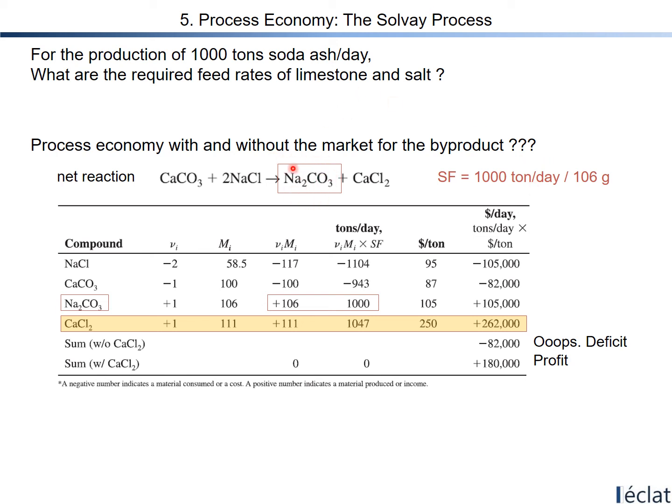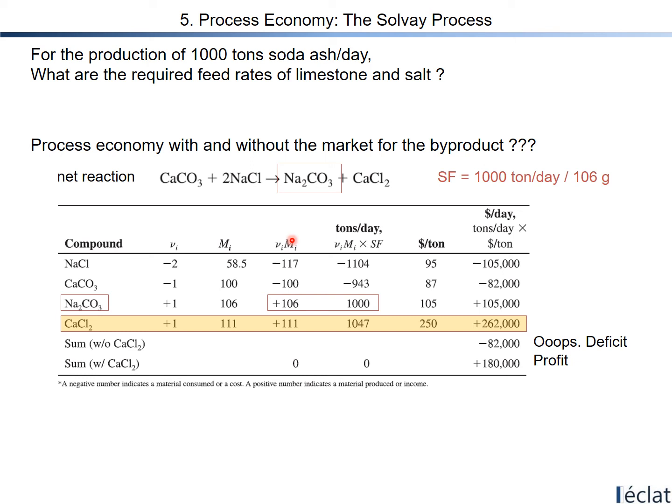Let me try to make a table including all information required for the calculation. The first column is the compound, four compounds related to the overall equation. Then the stoichiometric coefficient, this is the molar information. And molecular weight is the conversion factor from moles to mass. Therefore, this is the mass column.